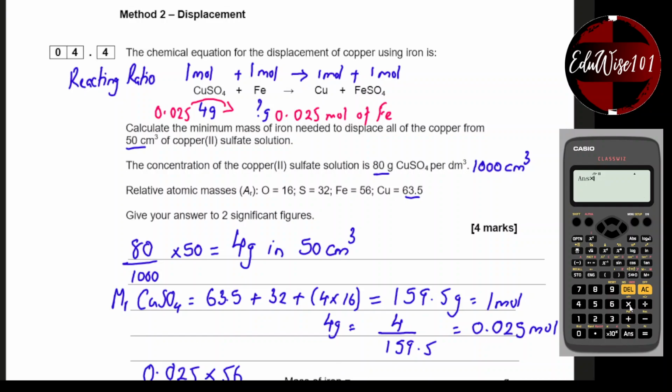That gives me 1.4. Right. So that equals 1.404. We only need it to 2 significant figures. So 1.4 grams.